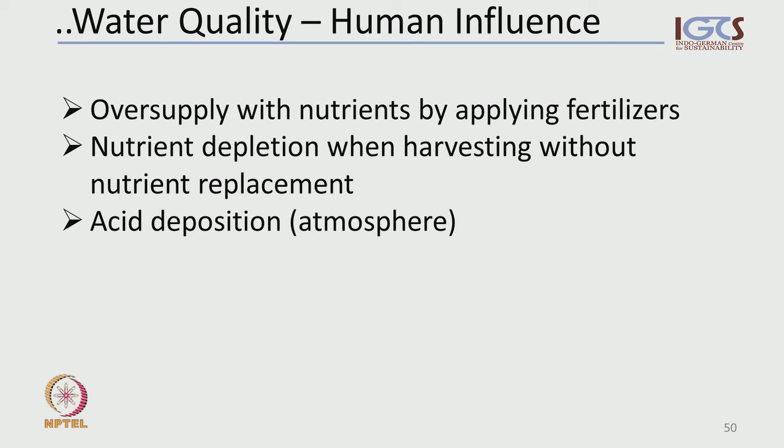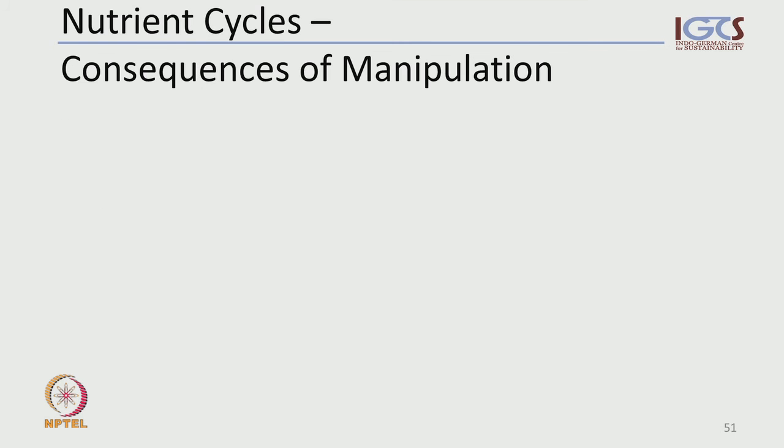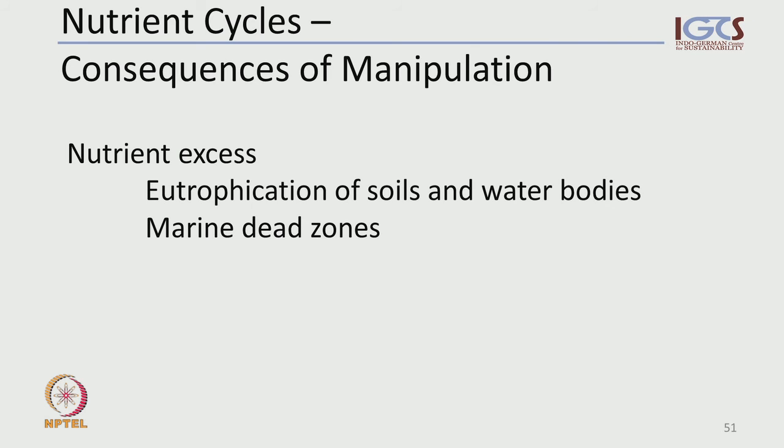We have caused acid deposition through our atmosphere. So there are various consequences of manipulating nutrient cycles.